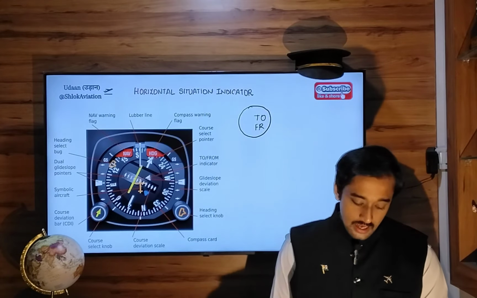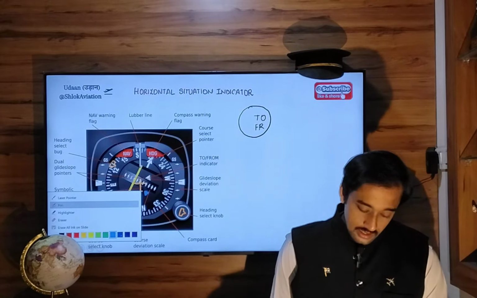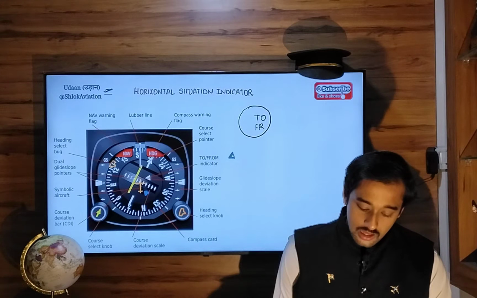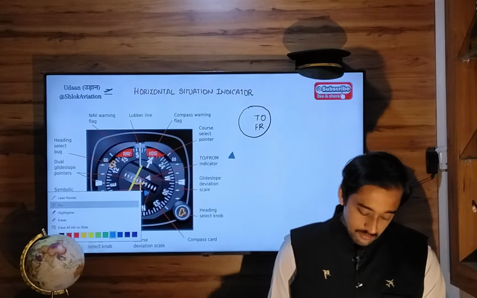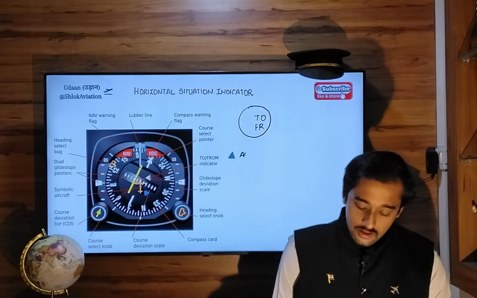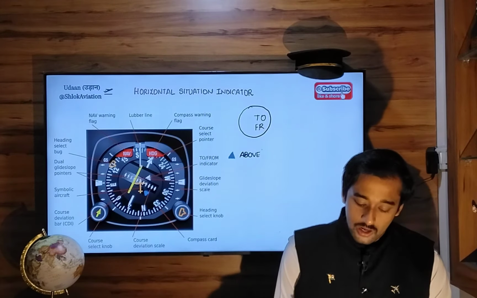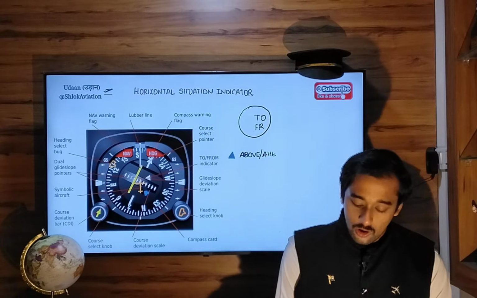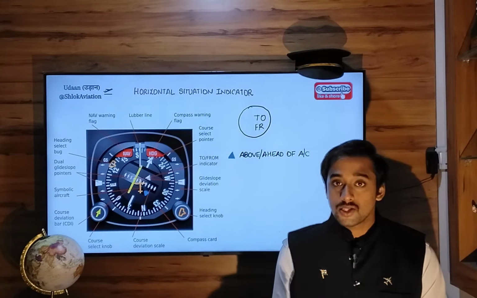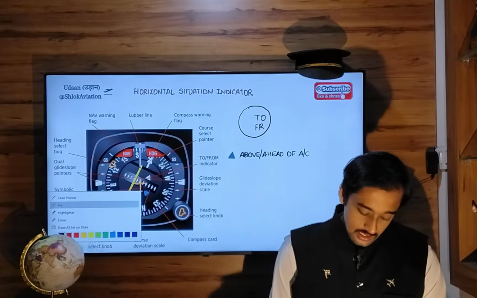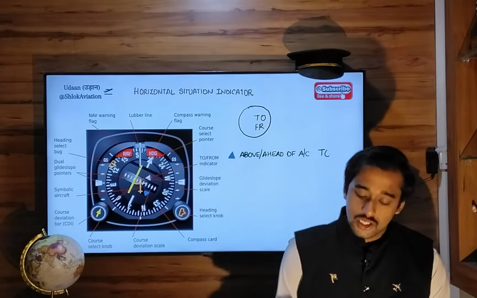So remember, if the triangle is ahead of aircraft or above the aircraft, the meaning of that is to indication.